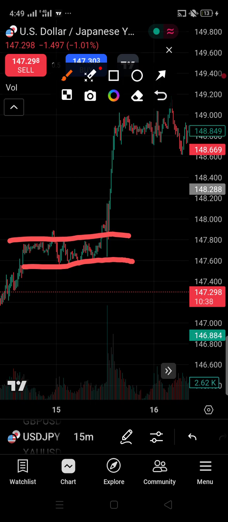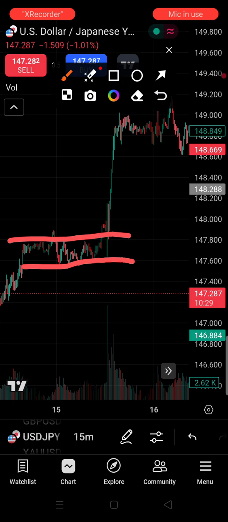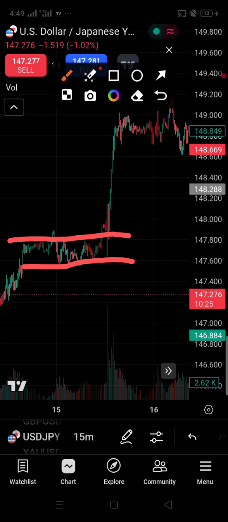A strong support and a strong resistance, and the market is currently consolidating or ranging in this area. When we saw this particular setup, we knew that the overall trend of the market at this time in this particular chart was an uptrend. So what we were waiting for patiently was for the market to have an upward breakout.